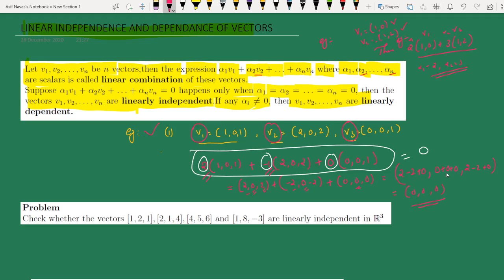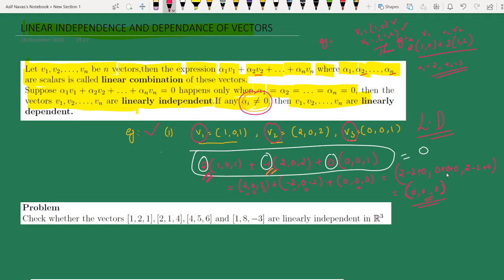Because 2 and minus 1 are non-zero. As a few of the alphas are non-zero, still we get the linear combination as 0. So this is linearly dependent.